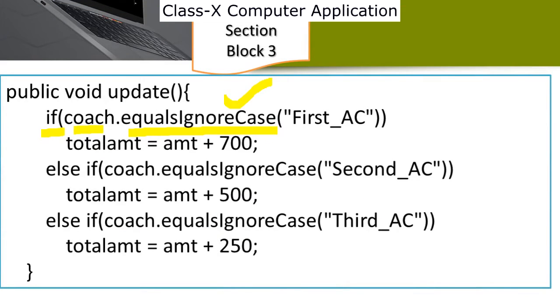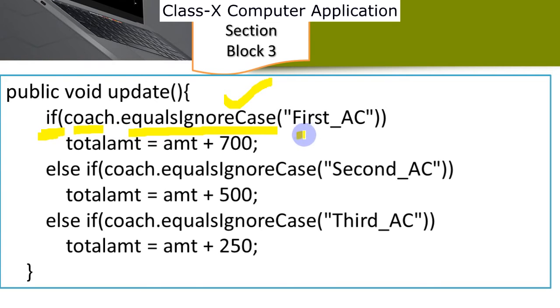In this, what we are going to do is update the conditions. We have given 5 conditions here. Let us discuss them one by one. In this block, I am going to take the highlighter to understand. Here, if coach.equalsIgnoreCase, this String method will help you ignore the uppercase and lowercase.